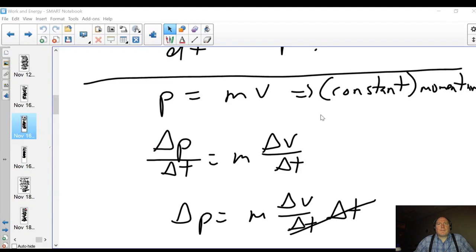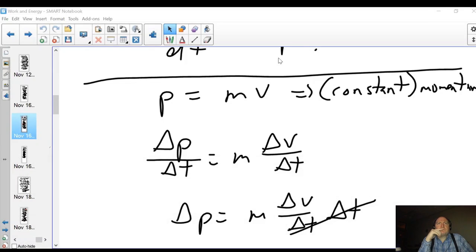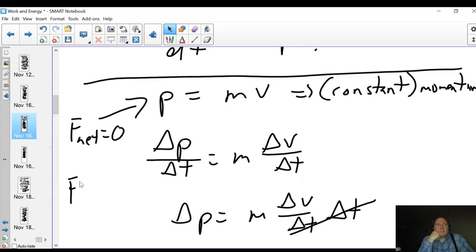So momentum is kind of like an extension, if you will, to Newton's first law. So it's kind of like another way of looking at an application of Newton's first law, where the net force in the system will be equal to 0. And when there is a net force, we change the object's velocity.